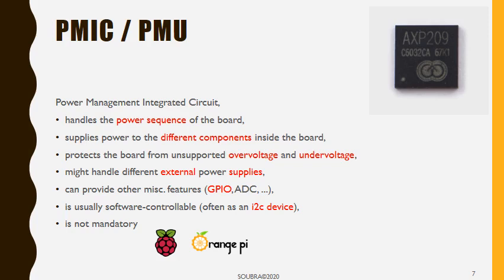Over voltage is so obvious. I don't want to barbecue my board. Under voltage, remember we're dealing with electronic components. So they deal with bits, ones and zeros. How do they interpret the ones and the zeros? To the components, it's either, let's say, 0 volt or 5 volts, all right?